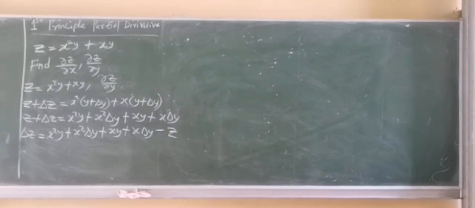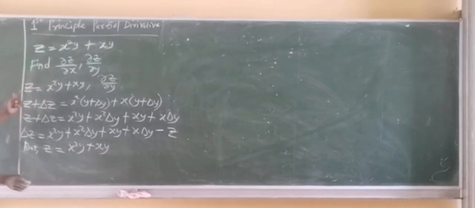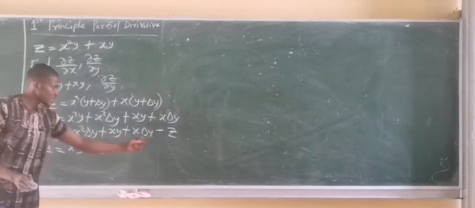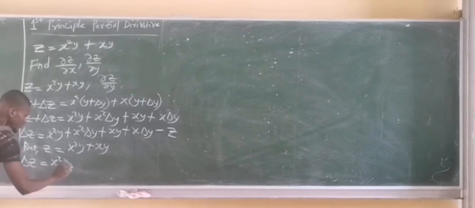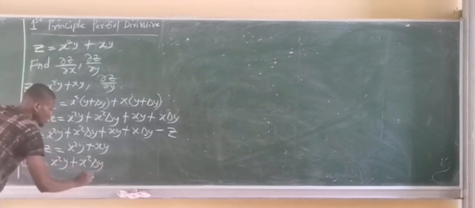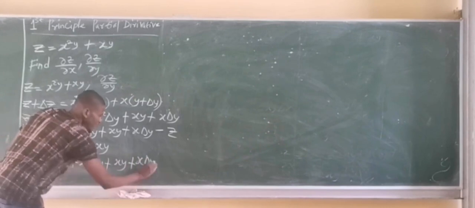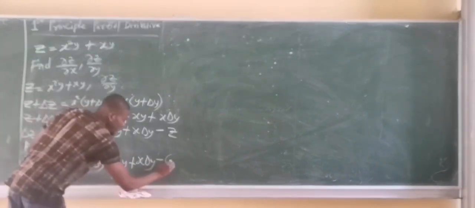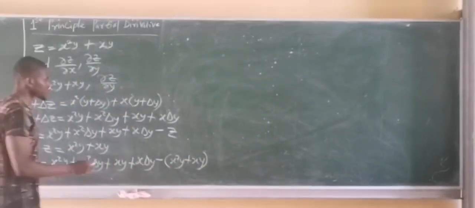But recall that z is equal to x squared y plus xy from the question. So in place of z, I simply put in this value. I'm going to have change in z equal to x squared y plus x squared change in y plus xy plus x change in y minus, in place of z, x squared y plus xy. Close your brackets.